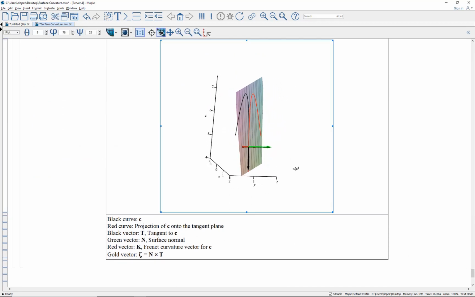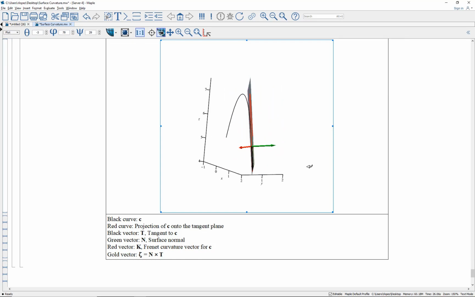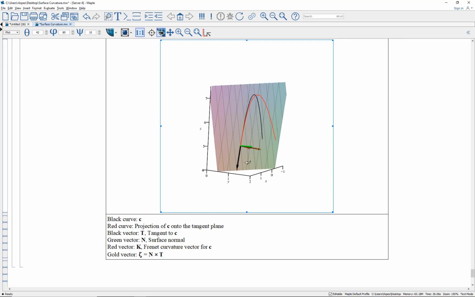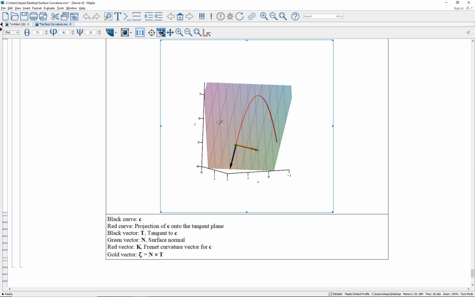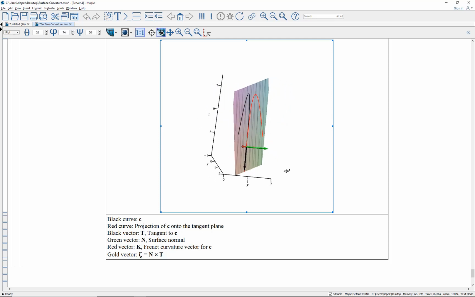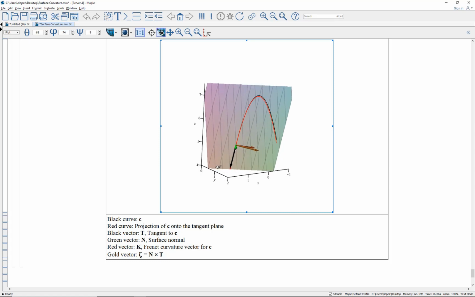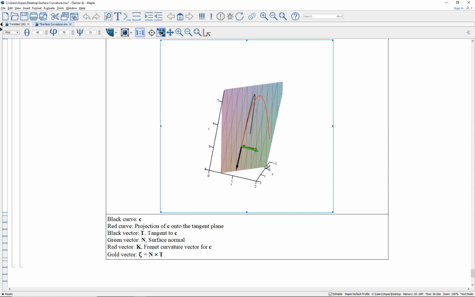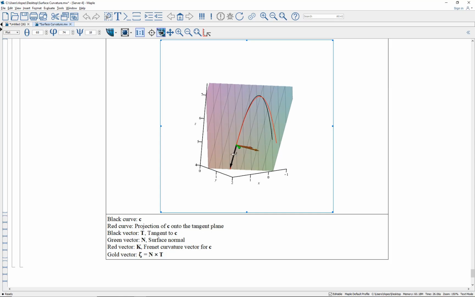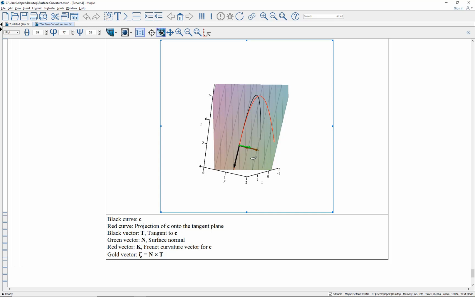The black curve is the curve in the surface. Then the tangent plane, and the projection onto the tangent plane, that's the red curve. It lives in the tangent plane. The green vector is normal to the surface. The black vector is tangent to the curve in the surface.